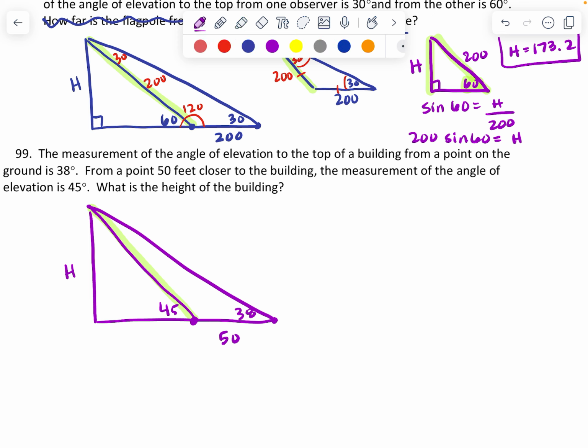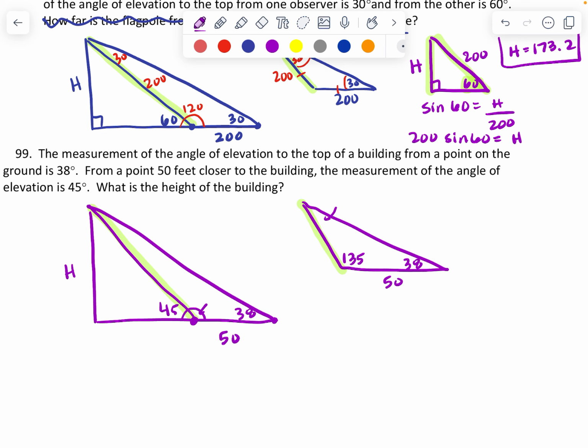Okay, so I'm going to look at this oblique triangle here. Remember, I'm trying to find this side first, right? So this is 38, this is 50. If I want to find this, this is going to be 180 minus 45, which is 135. And then if I want to find this missing angle here, I just subtract the other two from 180.